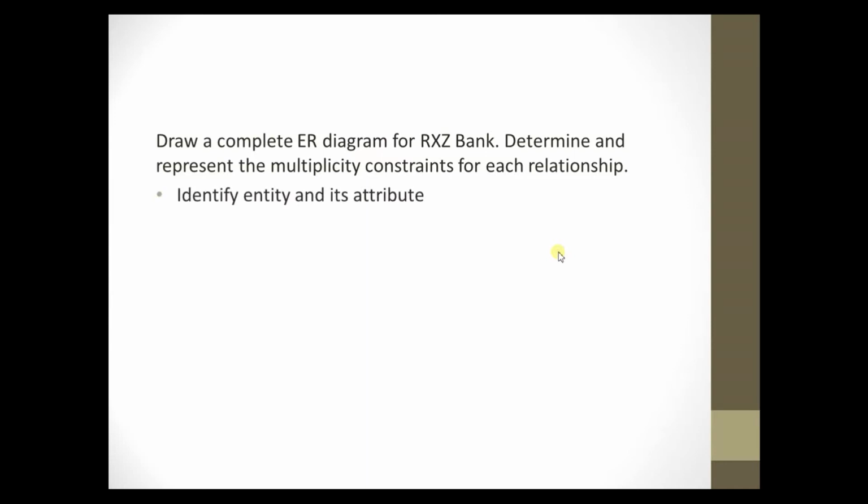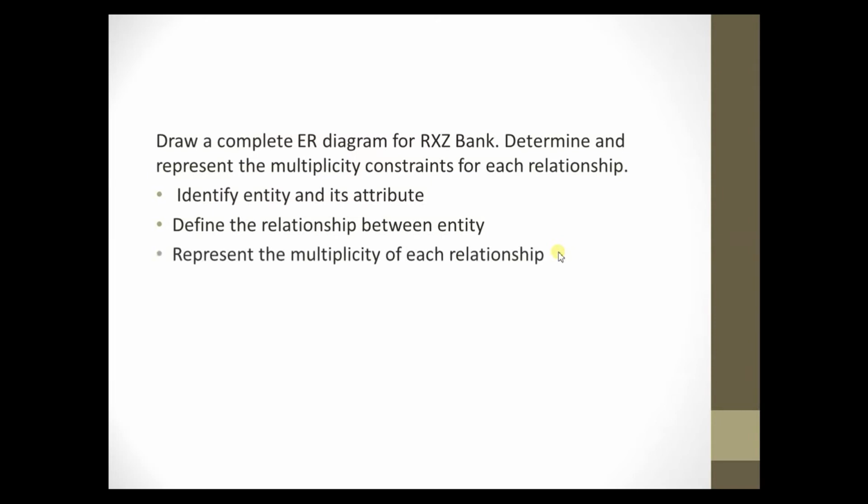So to do an ER diagram, first we need to identify the entities and their attributes. The second is to define the relationships between entities, and the third is to represent the multiplicity of each relationship. The first one, identifying entities and their attributes, we already did in the first question.